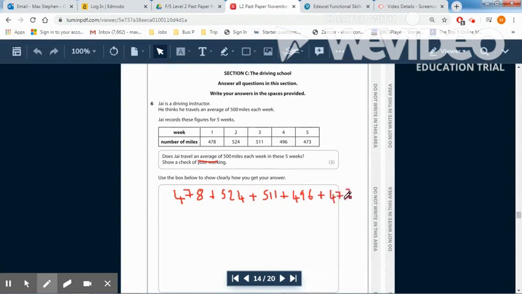And if I add those all together, that all adds together to give 2482. And then I need to divide by how many there are. So there's 5 weeks. So divide this by 5.